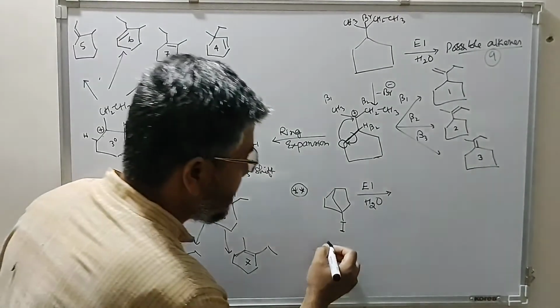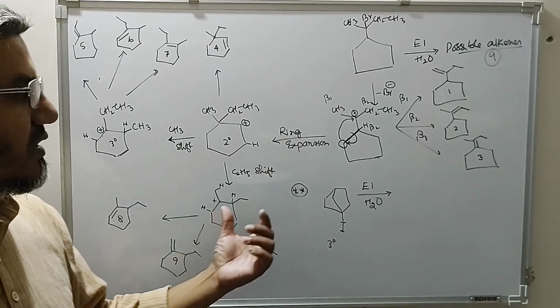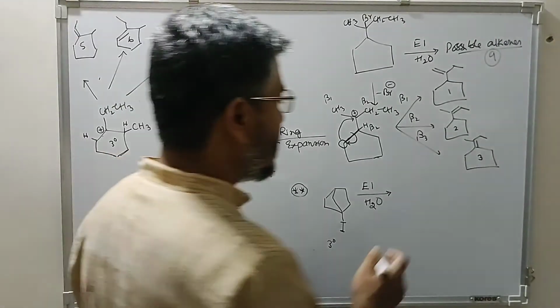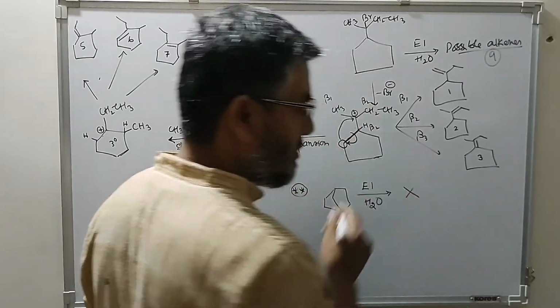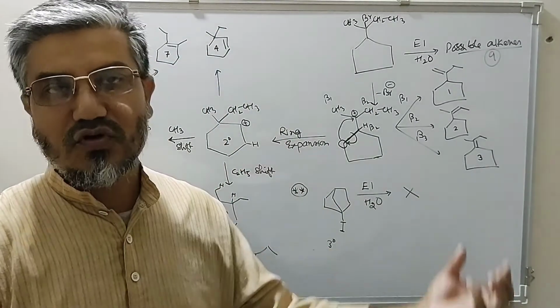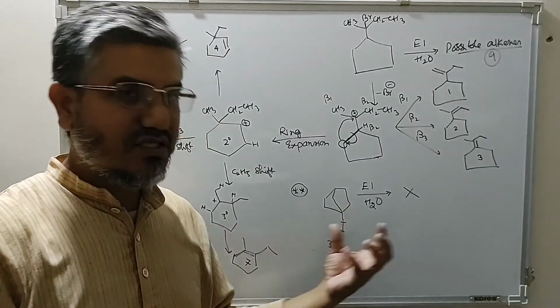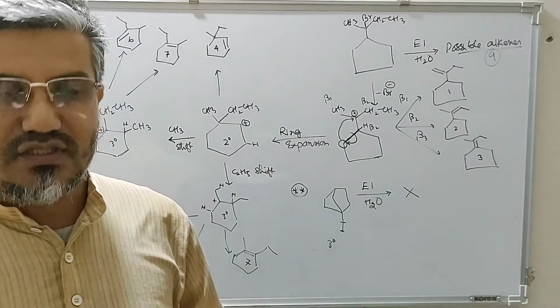If you look at it, this is a tertiary iodide, one of the most reactive for E1 reaction, but this does not undergo elimination. Even if you keep on heating for a number of hours at very high temperature, this does not undergo elimination reaction.